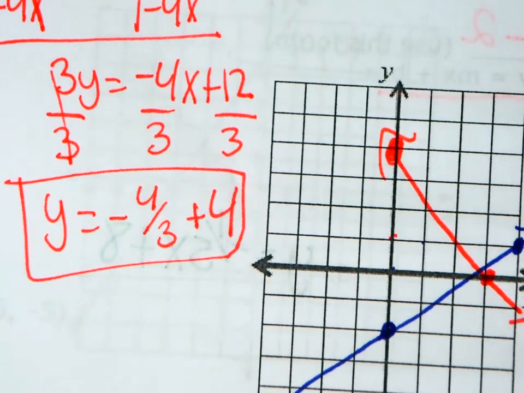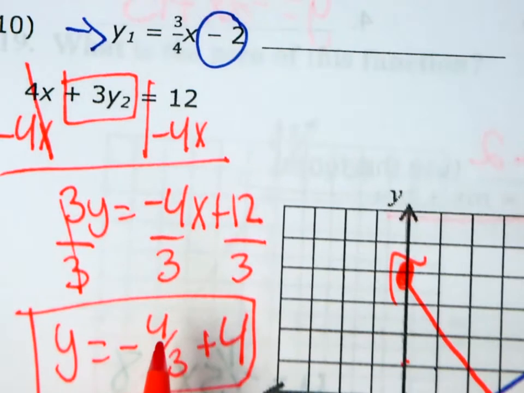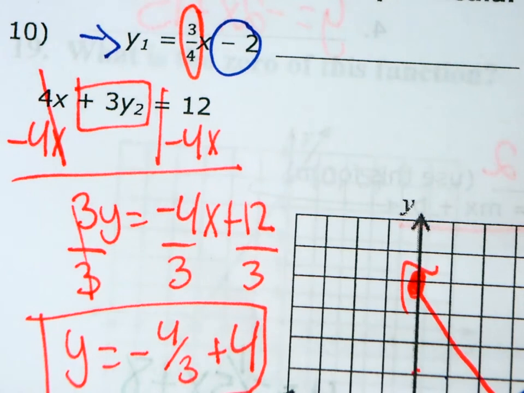Now look at your slopes. You have -4 over 3 and a +3 over 4. It's flipped and the signs are changed. So this is what? Good.